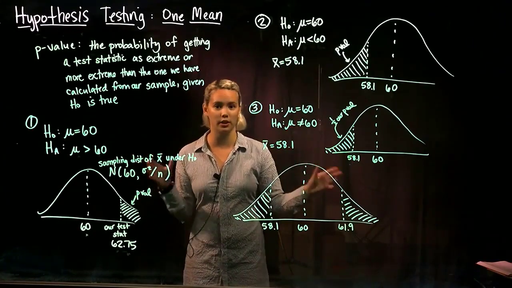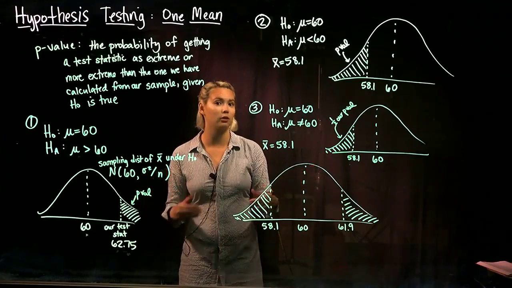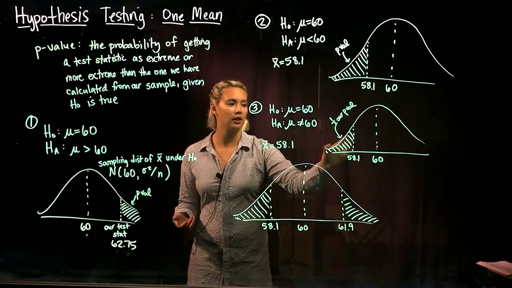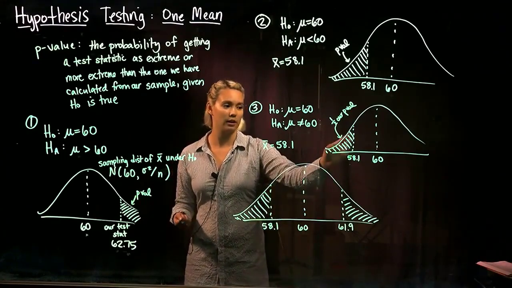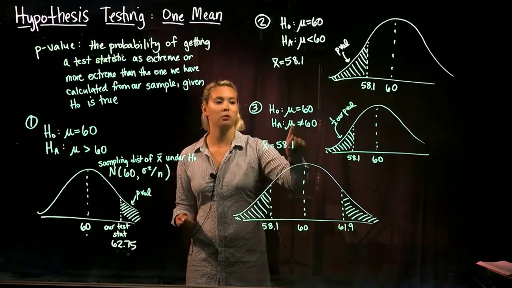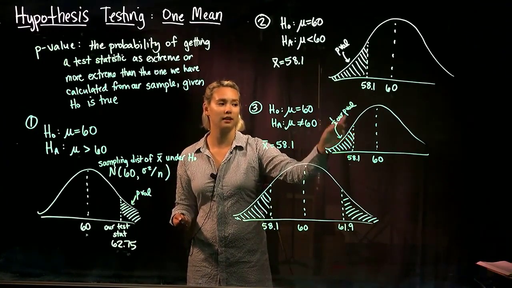So we have a two-tailed alternative. This area here is not our p-value yet. It's only half our p-value. So what we could do is calculate that shaded area and just double it to get our p-value. When we have a two-tailed alternative, we need to calculate the area of one tail and then double it.